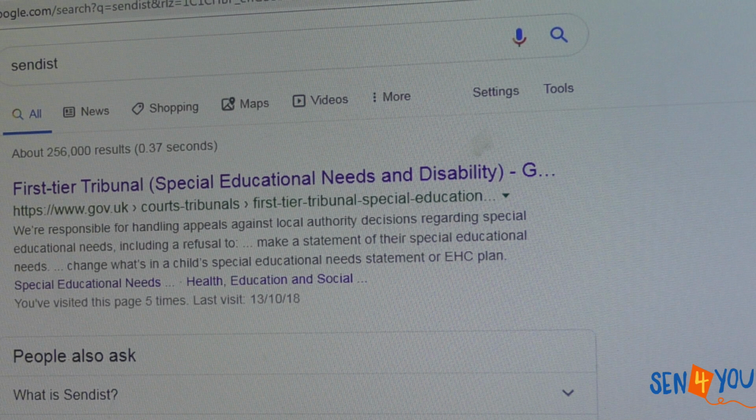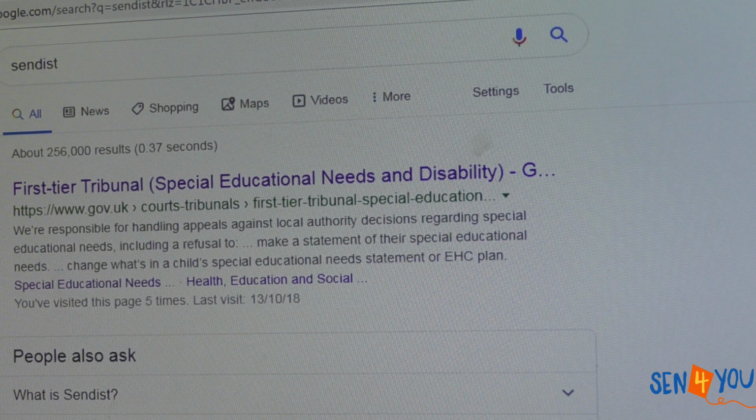Those are some of the key things that tribunals will look at, and you'll get the information from the tribunal when you receive your decision from the local authority, either following an annual review, following the issuing of the actual Education, Health and Care Plan itself, or if they've refused to carry out an assessment, you'll get a particular letter from them at that point. So those are the circumstances where you can then be brought into this process.